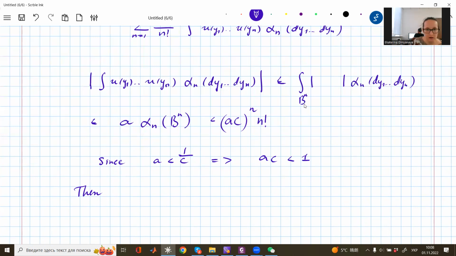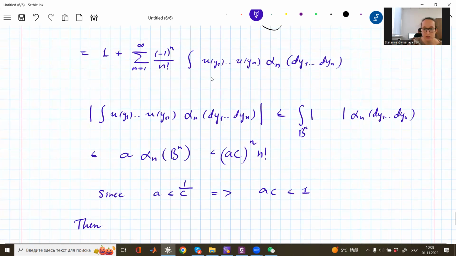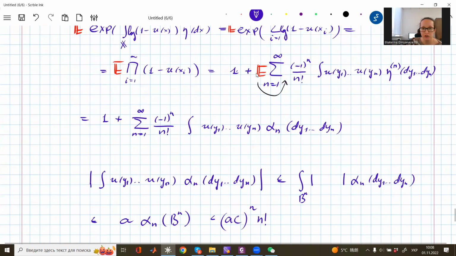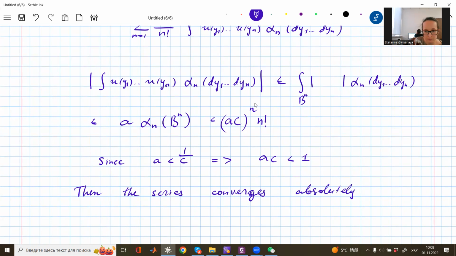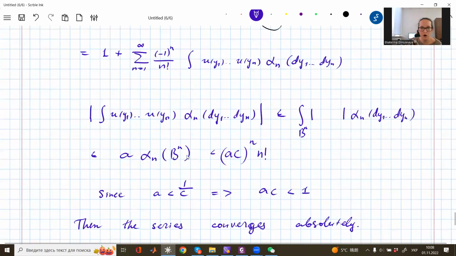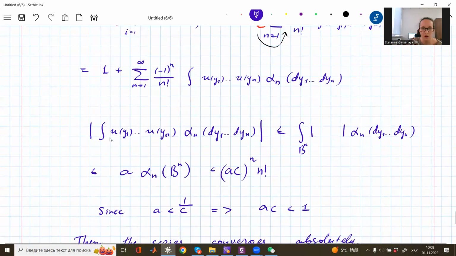So we have that this series converges absolutely, and so we can change the order of expectation and summation, and the series. So we can see that from this, this will end the proof.